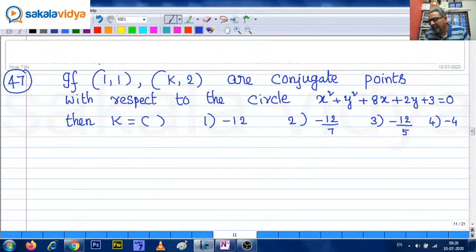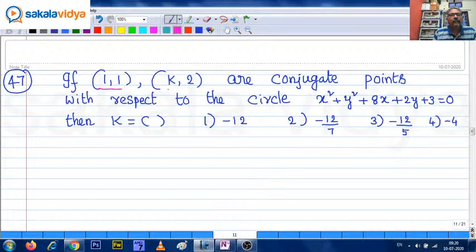Just like for all conics, the conjugate points condition is S12 is equal to 0 itself only. Any conic, it may be circle, parabola, ellipse or hyperbola, same concept. That's why I don't discuss in detail. Directly I will proceed for the problem.